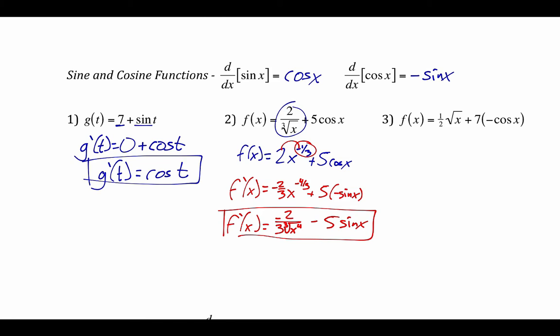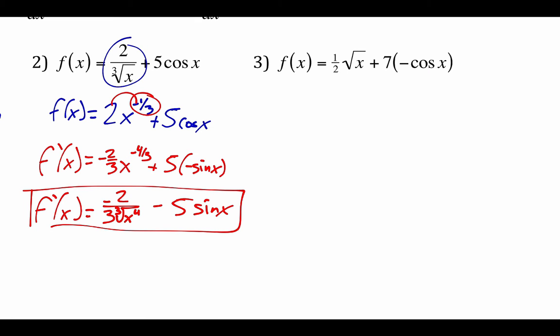Number 3 here, same type of deal. We've got a radical there, so let's just rewrite that as 1/2 times x to the 1/2 power. Then we have plus, we can leave it as 7 times the negative cosine of x. Taking the derivative, f prime of x, we're going to do 1/2 times 1/2, so we have 1/4.